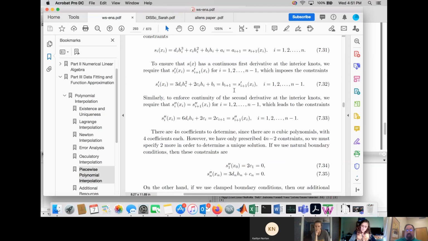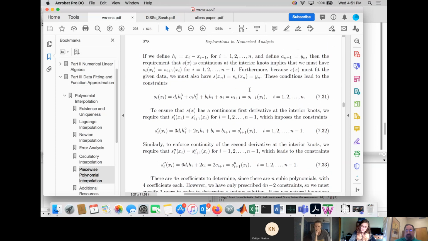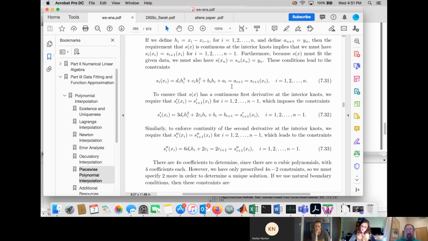Here are the same equations that I typed out earlier for continuity, first derivative, second derivative. Notice here, I have a_i and a_{i+1}. So if I take a_i, move it to the other side, now I have a difference of a's, like in the right-hand side vector b, expressed in terms of the b's, c's, and d's.